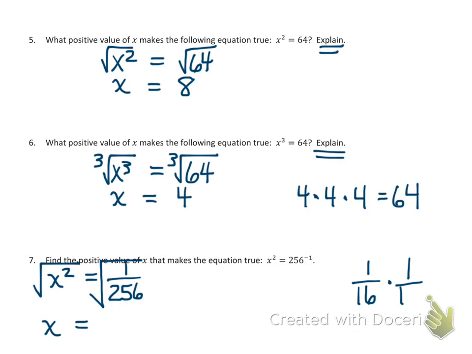So if I think about it this way, if I multiply those two fractions together, I'm going to get 1 over 256. So the square root of 1 over 256 is 1/16. And that is the positive value for x that makes that equation true.